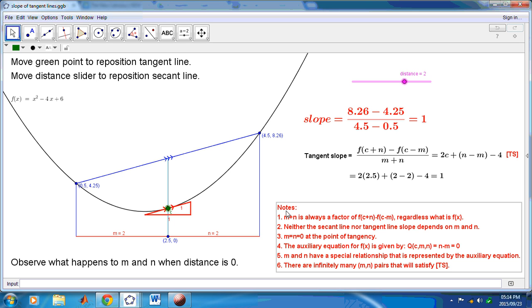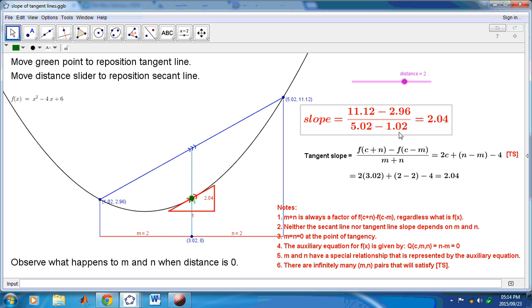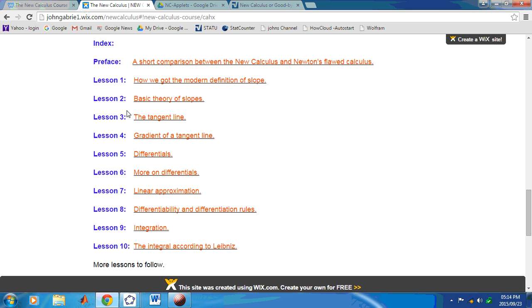Let's just look at the notes. M plus n is always a factor of the numerator, this numerator here, f of c plus n minus f of c minus m, regardless of what f of x is. That has been proved in an article here on the New Calculus.